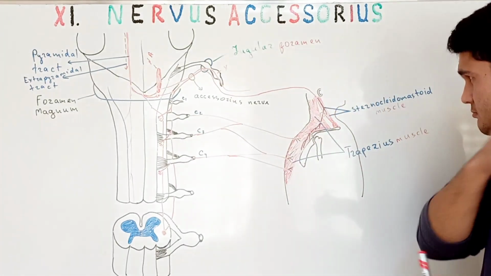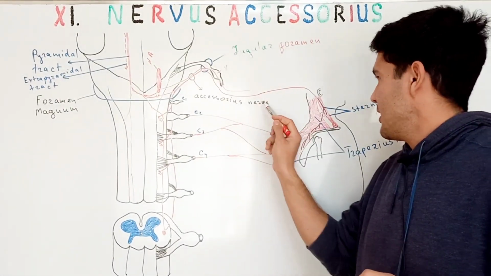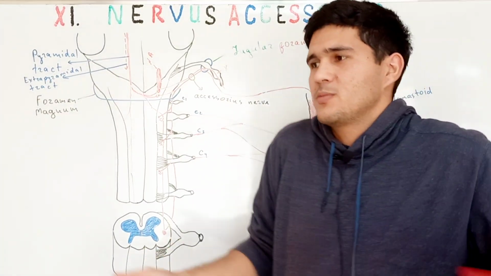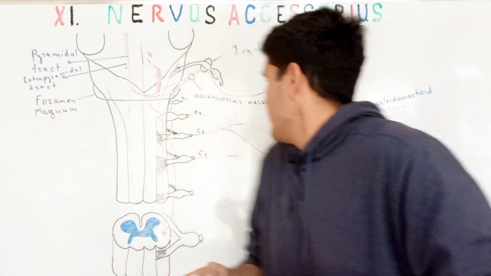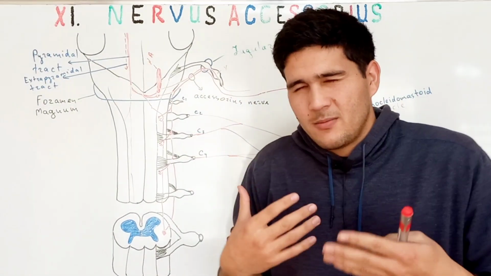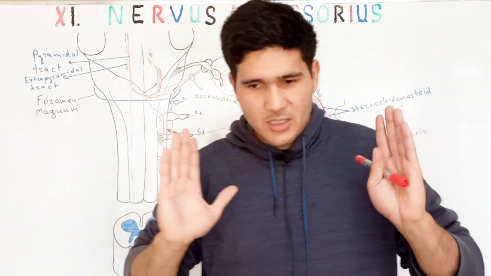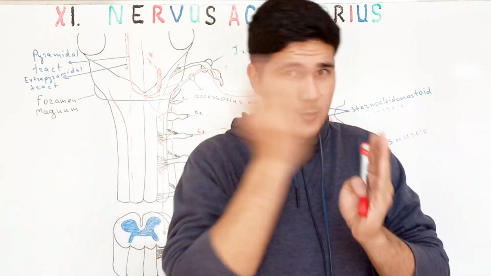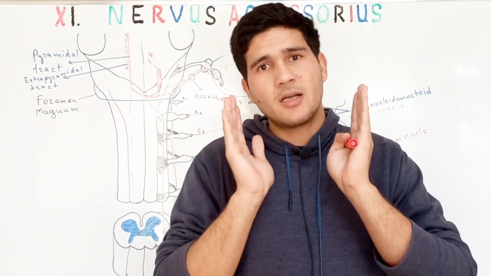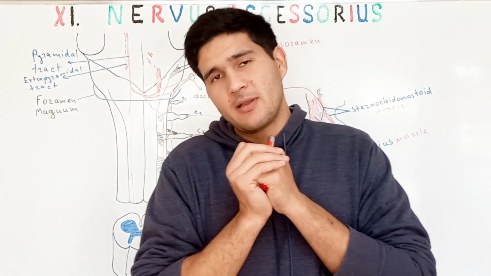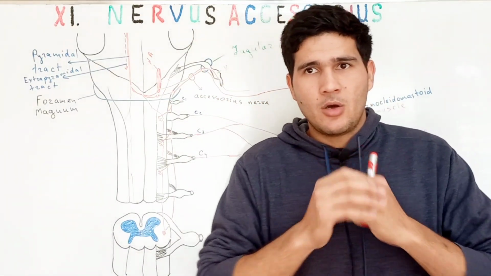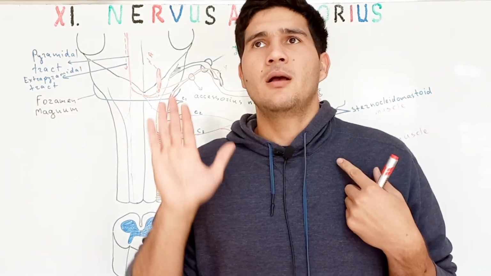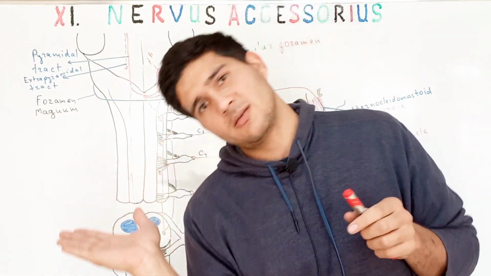Okay, now some lesions may happen there, and in this situation both the trapezius and sternocleidomastoideus couldn't perform their normal function. Okay, now the main function of the sternocleidomastoideus muscle is rotating the head to the opposite side and turning the head to the ipsilateral side, holding your breathing in like that, and elevating the head while lying.